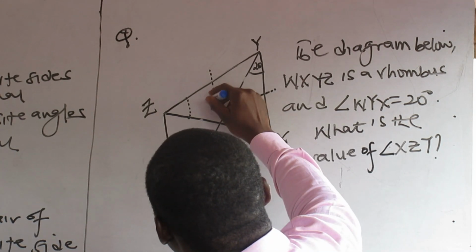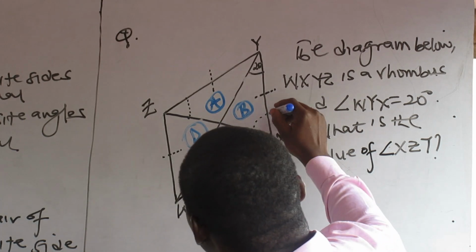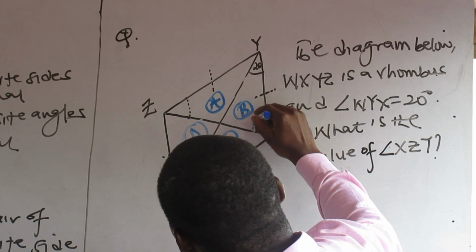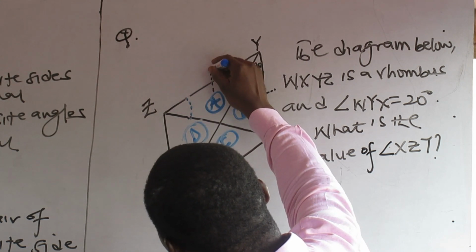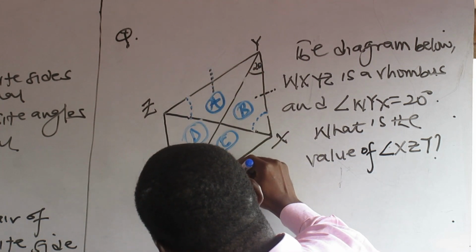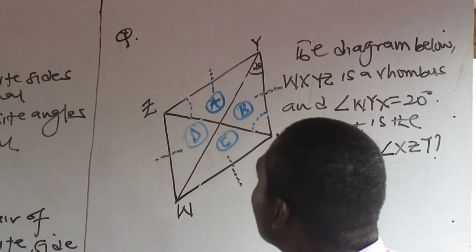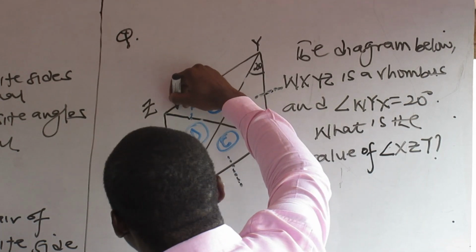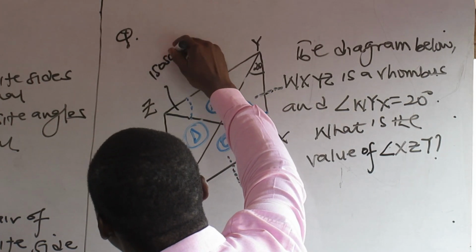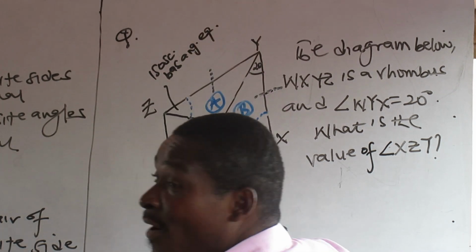I call them A, B, C, D, right? It's an isosceles. Good. So isosceles, base angles are equal, right? So the reason here is what? Isosceles, base angles equal.